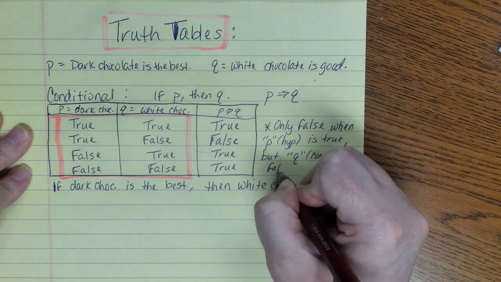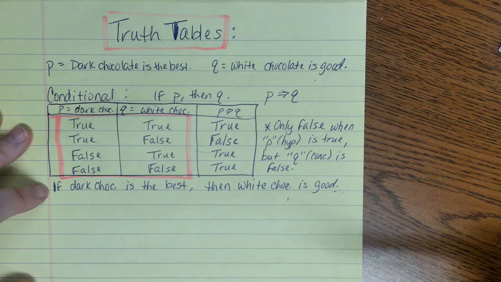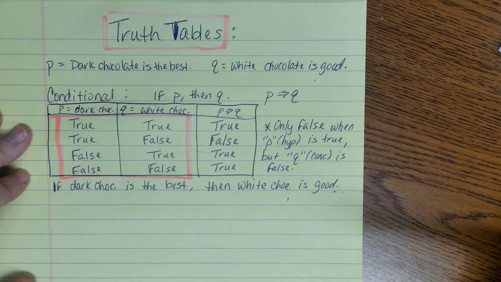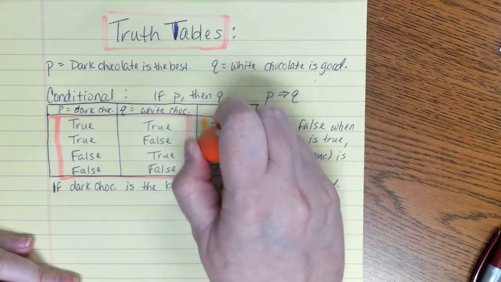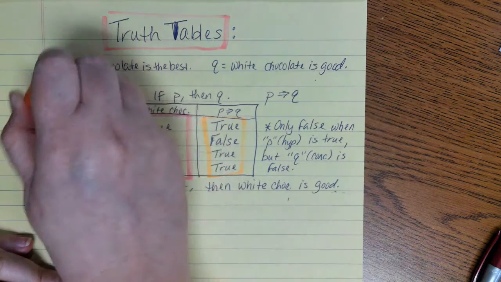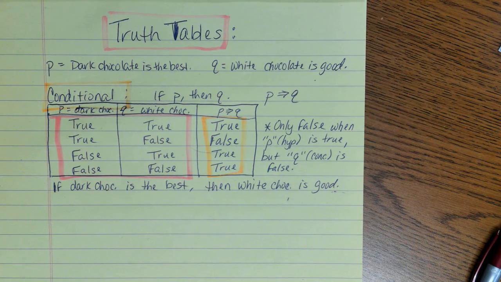That's the only way it's a lie, because I said if dark chocolate's best. If it's not, then I couldn't have been lying. So that one's a little trickier to think about. But like I said, good news is this is true for every conditional that you ever write. So if you know it once, you know it every time.